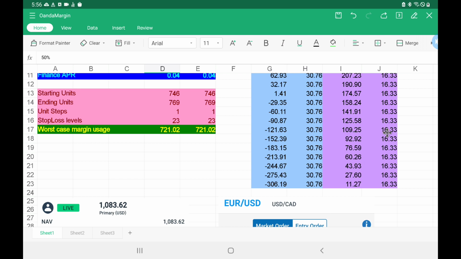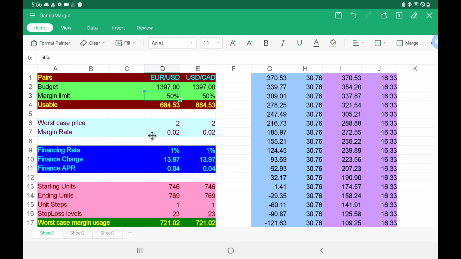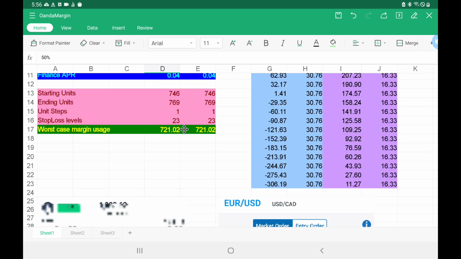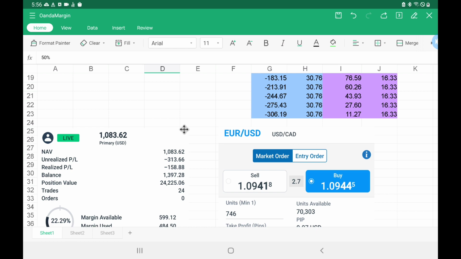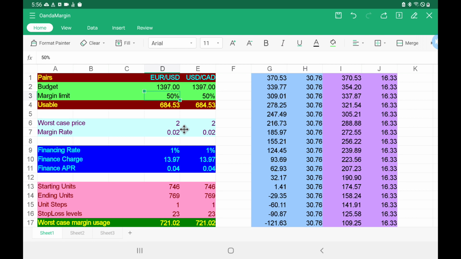Again, remember, this is based upon 476 units. This is what my account actually sees based upon $2. 1.09445.